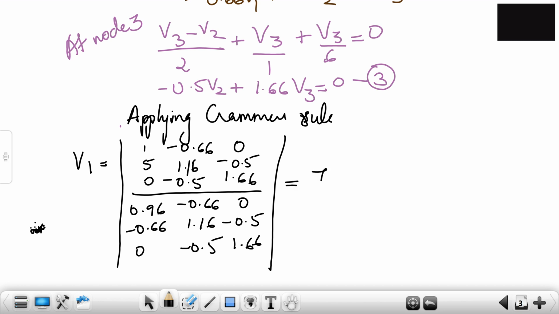So finally, you get 7.154 upon 0.887, that is around 8.06 volts.